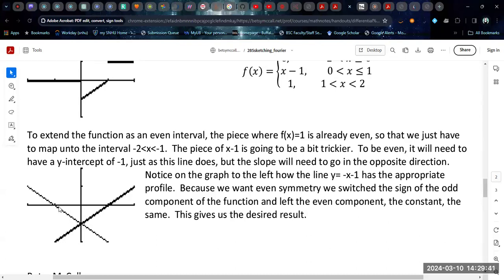So this line segment right here we would want to be -x minus 1. It has a downward slope, the opposite sign of the one we were looking at before, but it has to go through the same intercept. So we would flip the sign of the odd component, and we would leave the even component the same.